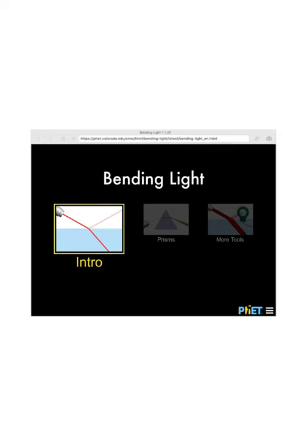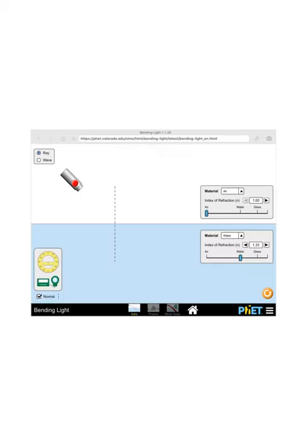In the laboratory this week, we would have investigated the reflection and refraction of light, but in lieu of a physical experiment, I've set up a simulation for us to look at. This is accessible via your course Moodle page. What I'd like you to do is look at the intro experiment. In this experiment, we're going to shine a light wave on the surface of a material and watch it reflect off that surface and refract or bend as it moves through that surface.